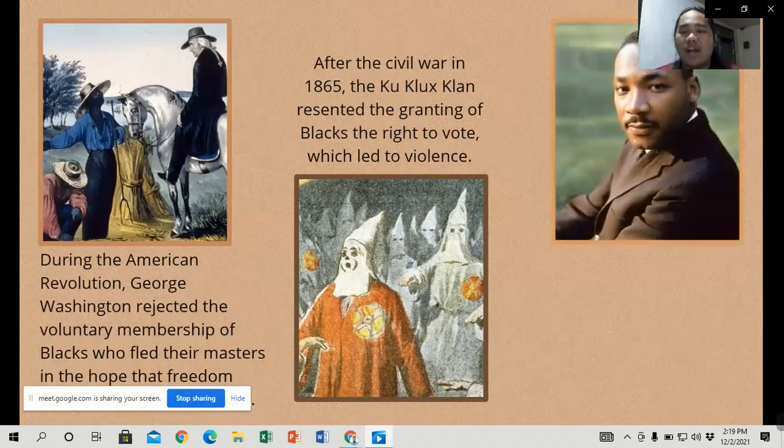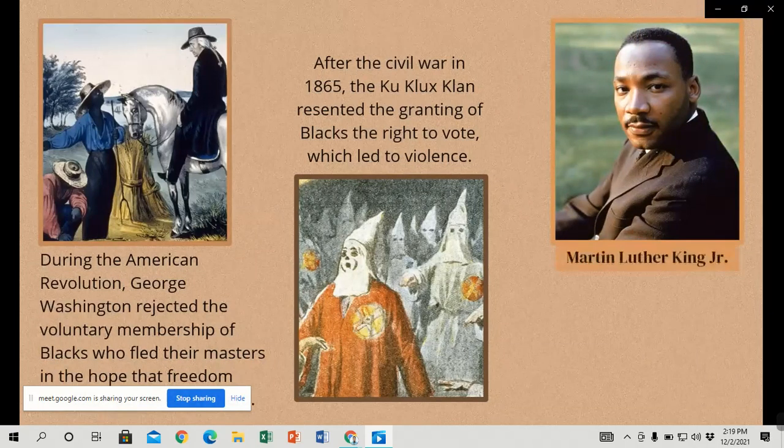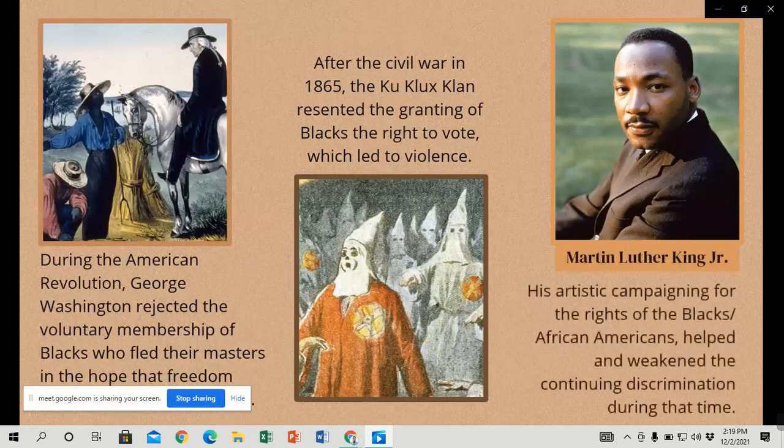And another prominent figure that helped on the Black movement is Martin Luther King Jr. So he's a known activist fighting for the Black people and African Americans who are living in the United States. So his artistic campaigning for the rights of the Blacks or African Americans helped weaken the continuing discrimination during that time.